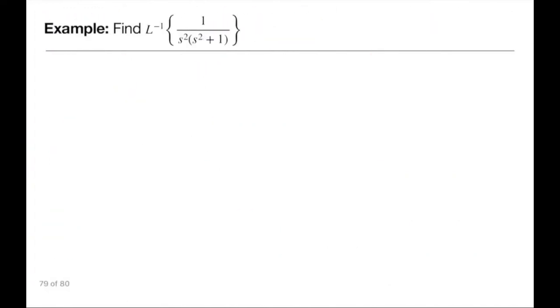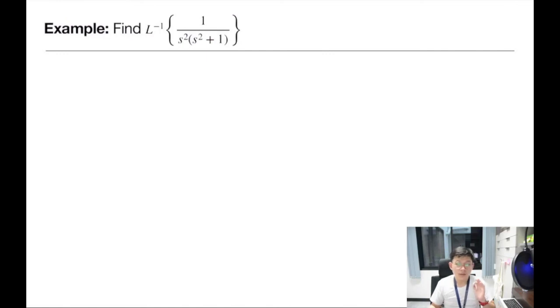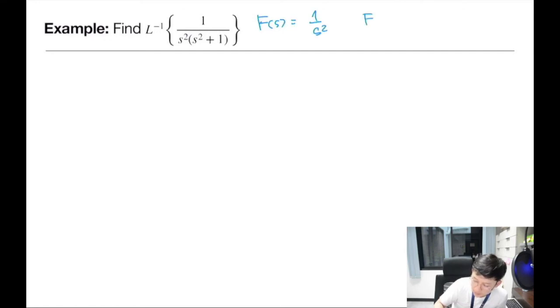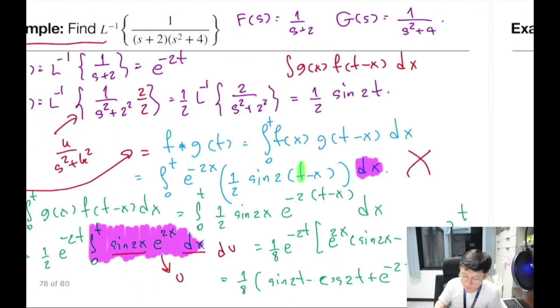Okay, next example, this one. Again, I'll need to look at f(t), the big F as 1 over s squared, the big G as 1 over s squared plus 1.